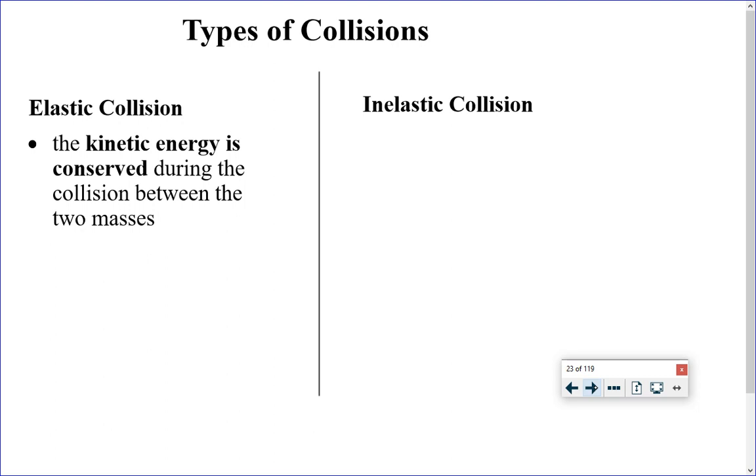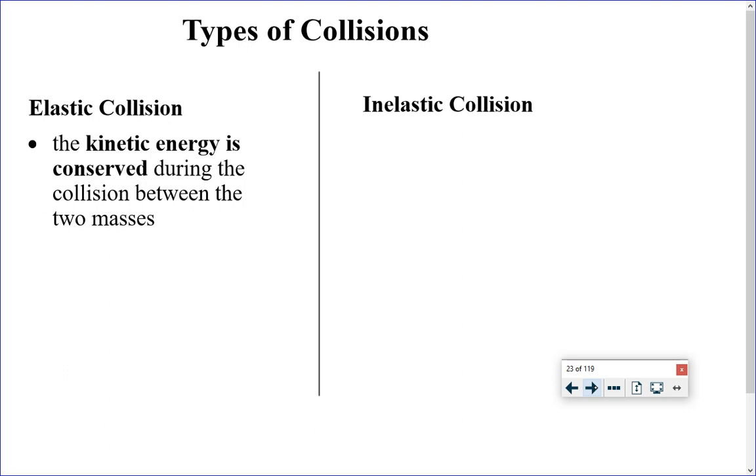Can anybody tell me why elastic collisions out here in the macroscopic world are very rare? We'll start off with a different question. If kinetic energy is lost, where do you think it goes? Does it disappear from the universe? Charlie? It's usually lost in waste or like thermal energy.